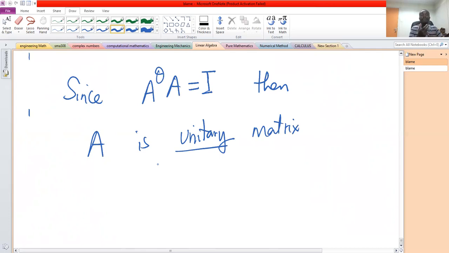Simply, the first step, get the conjugate of the matrix given. Once you get the conjugate, get the transpose of that conjugate matrix. The transpose of that conjugate matrix is what defines A raised power theta. With that matrix, multiply by A, and if the working comes out to give you an identity matrix, then you conclude that the matrix A is unitary.